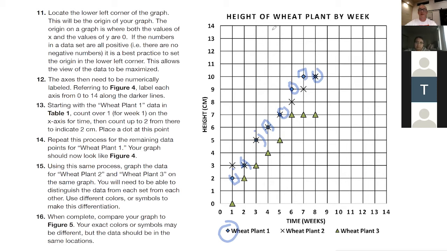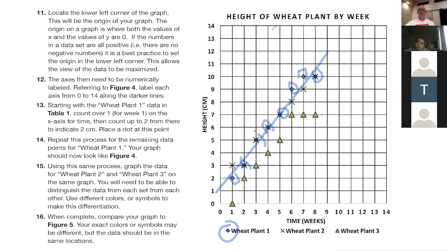If the world was perfect and you did a perfect experiment, you would be able to do that. So what you want to do is get a ruler and try and draw a line through it that is as close to most of the points as you can. So it'd probably be something like this. So that's pretty close to all of the points.